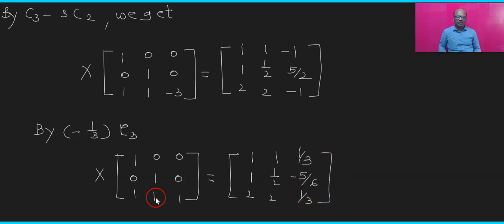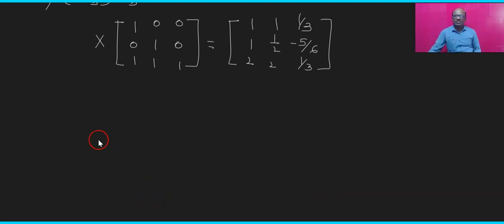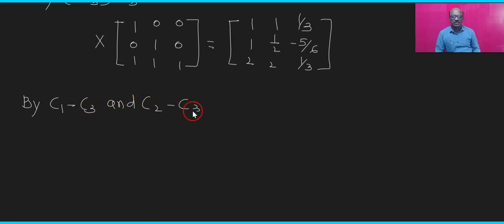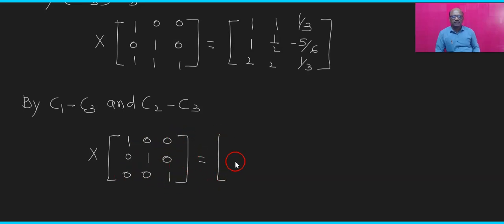Now the next operation: C1 minus C3 and C2 minus C3. Therefore here you will get the identity, that is 1, 0, 0, 0, 1, 0, 0, 0, 1. Here is C1 minus C3.